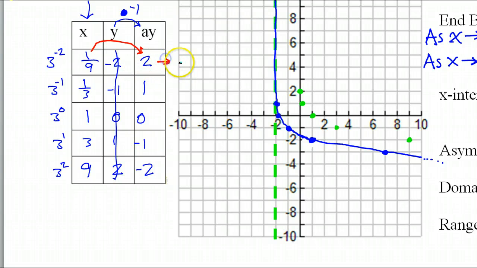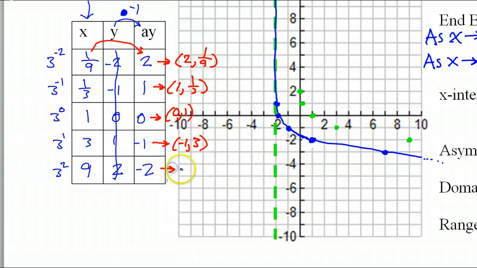So the inverse function will have a parent function of (2, 1/9), alright, switching these around, and (1, 1/3), and (0, 1), and (-1, 3), and (-2, 9). Alright, just reversing each one of these parent function points.